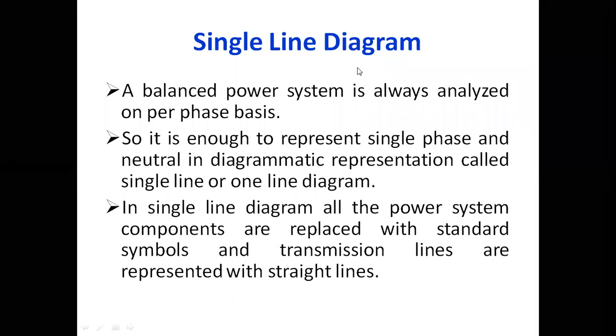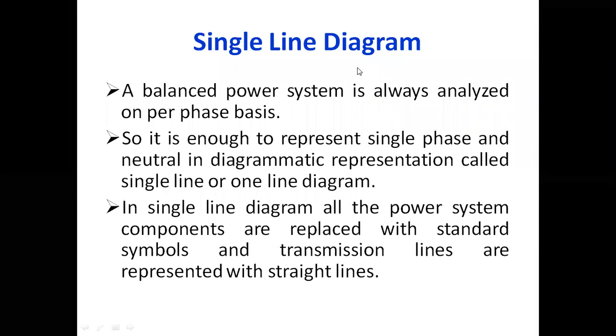Even though it is a single line diagram, it must consist of a number of generators. You will have generators, transformers, buses, transmission lines, motor section, load section, etc. In each and every power system, these are the common components connected. Maybe that system is balanced or unbalanced, we don't bother.